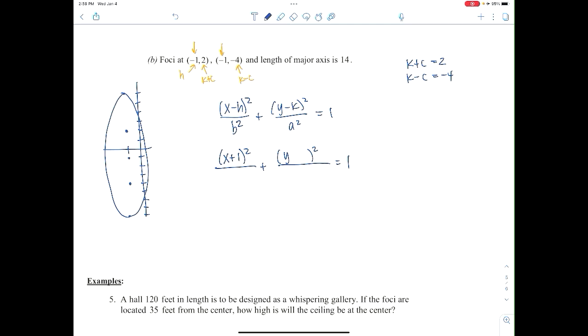So if I add these two things together, I'll have 2k, c minus c is 0, and 2 minus 4 is -2. This tells me that k is -1. So if k is -1, then we have y plus 1.